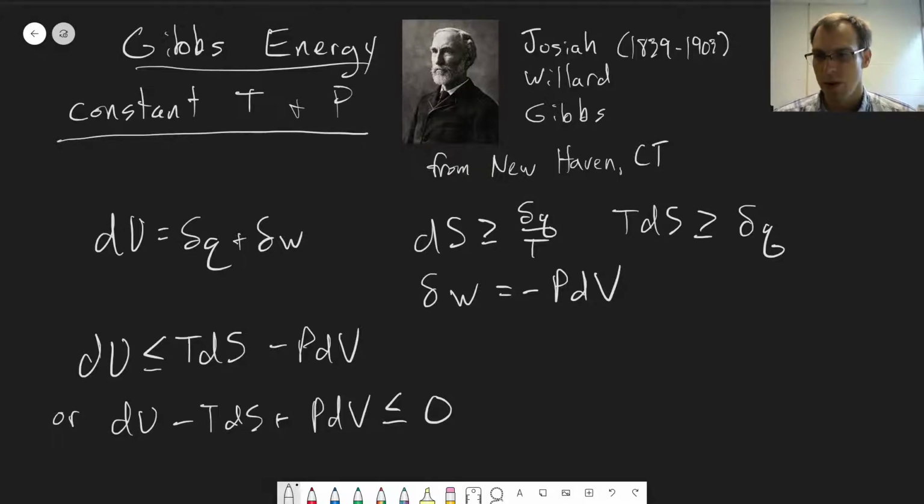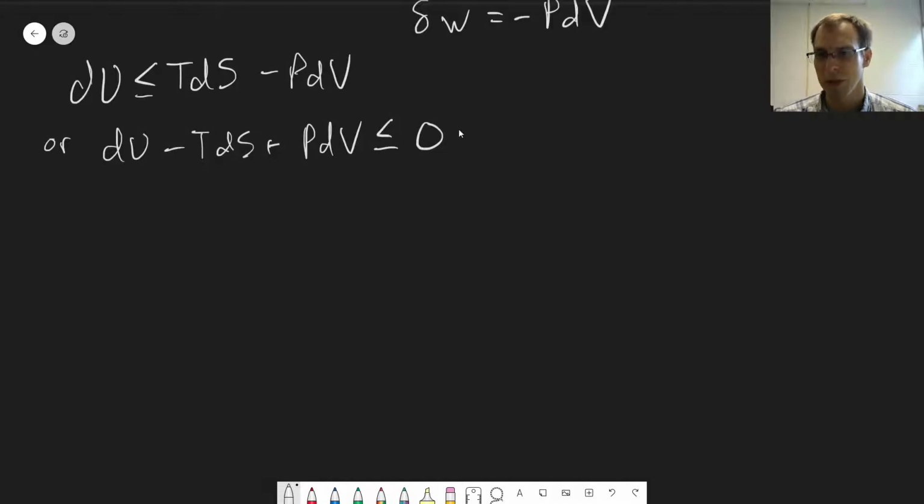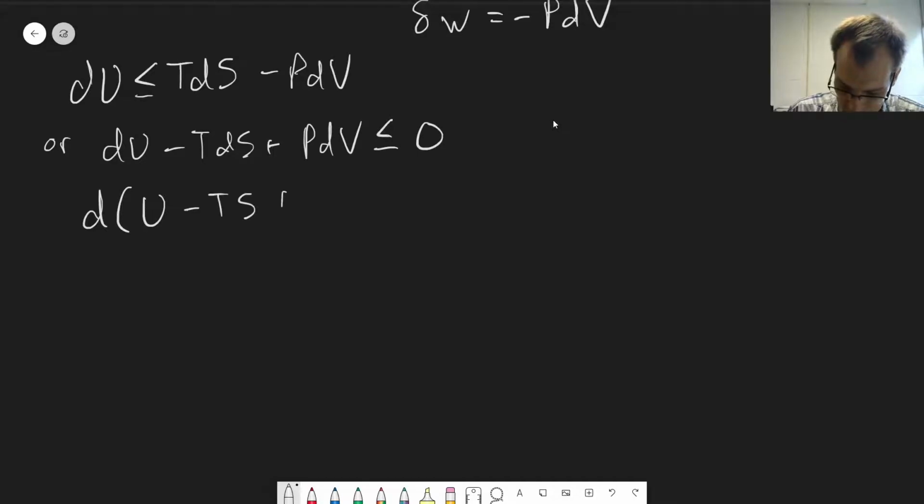Okay, so we now have 3 terms here. We'd like to simplify this into another state function, just like we did with the Helmholtz energy. And so we can think about taking the derivative of all this, right? d of U minus TS plus PV. We add all these together.